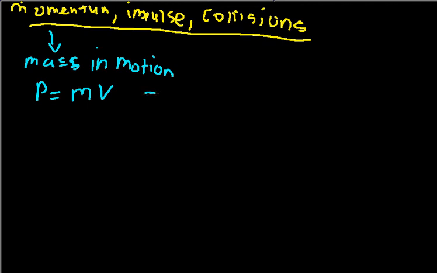And now you can turn that into m is equal to p over v. And from there you can say that v is equal to p over m.